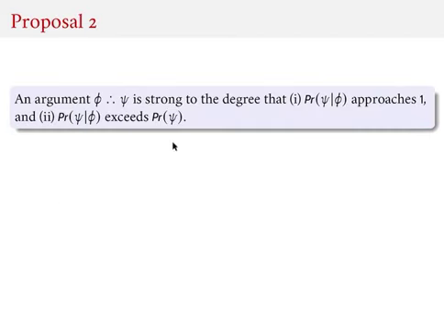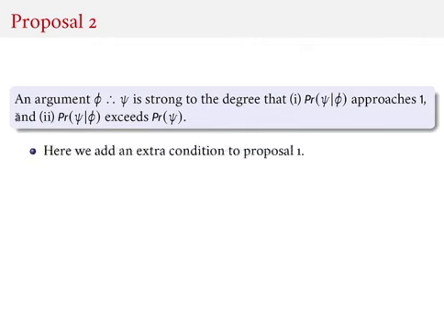So the second condition won't be met, because learning the premise doesn't really increase the probability that the conclusion already has. So in addition to the conditional probability of the conclusion given the premise being close to 1, we also need it to be the case that the probability of the conclusion given the premise exceeds what the unconditional probability of the conclusion was.